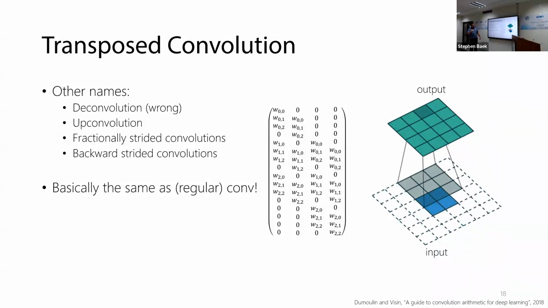So early research papers will refer to it as a deconvolution layer or deconvolutional neural network, but the more correct terminology is either up convolution or transposed convolution. Some strange people use the term fractionally strided convolution or backward strided convolutions, but why? So it's either up convolution or transposed convolution that is the correct terminology.